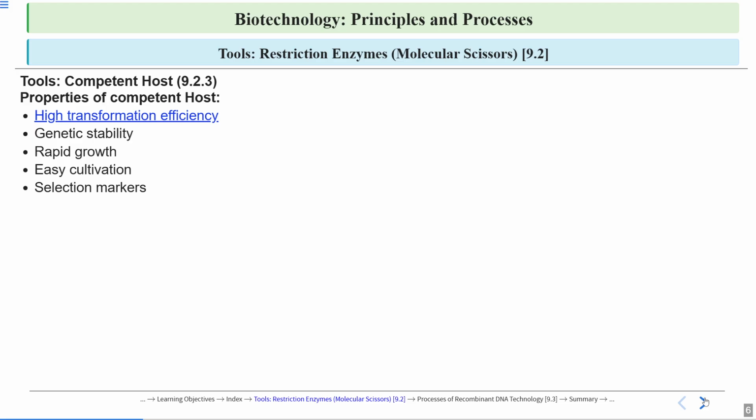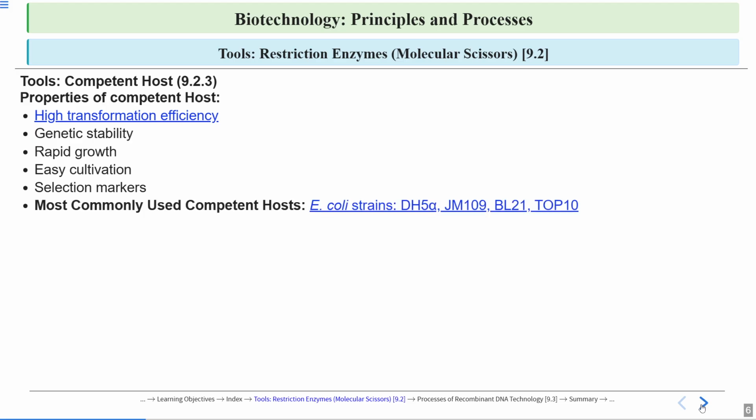If there are no selection markers, then it won't be possible for us to distinguish which cell got transformed and which cell didn't get transformed. So there should be selection markers.